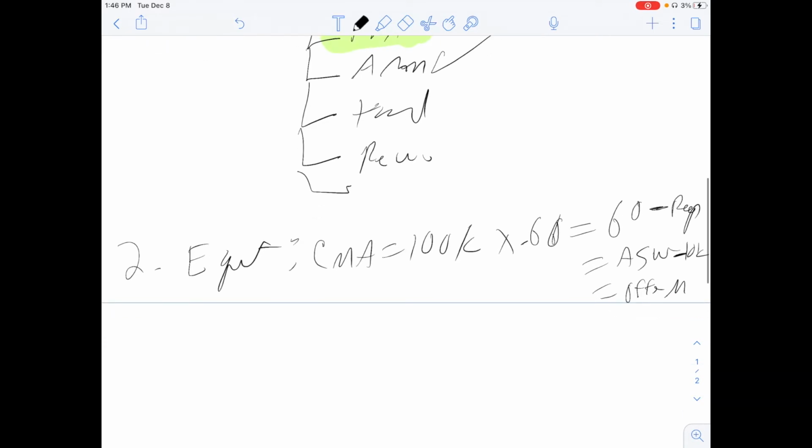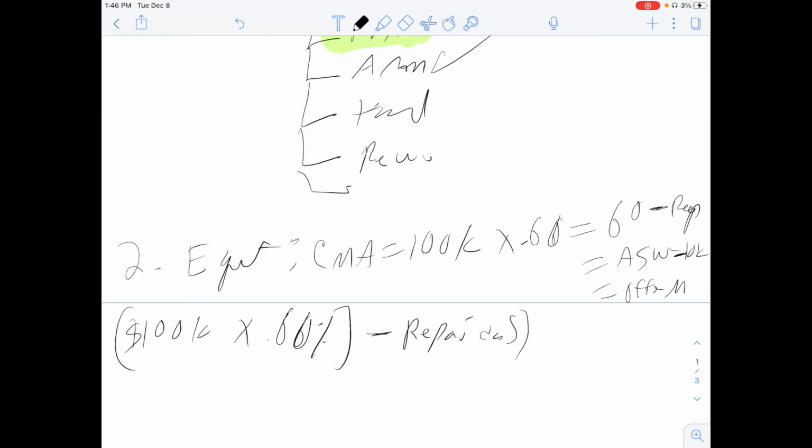Let me rewrite it here because I ran out of room. Whatever the comps are, let's say the house in this case is 100K, I multiply it by 60%, which is basically 60 cents, then subtract repair costs. In the repair costs, there are also closing costs and holding costs on both ends, when I buy in and when I sell.